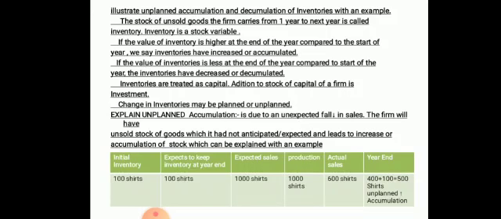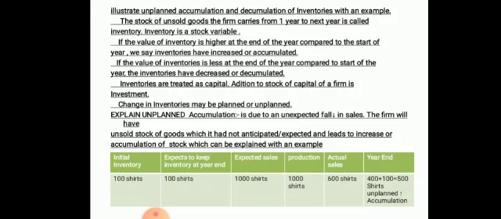If the value of inventory is higher at the end of the year compared to the start of the year, we say inventories have increased or accumulated. If the value of inventory is less at the end of the year compared to the start of the year, the inventories have decreased, or we say they have decumulated.